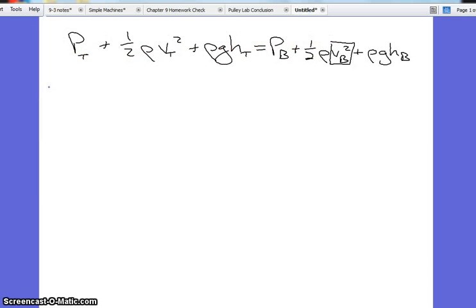And so we have that the pressure at the top, 101,300 pascals, plus 1/2 the density times the speed at the top. Well, speed at the top is 0, so that whole thing goes to 0.